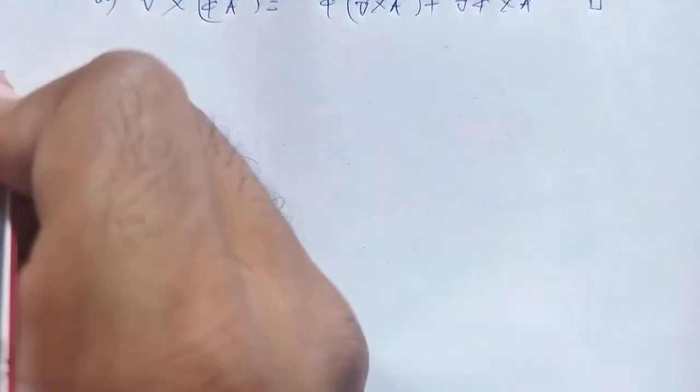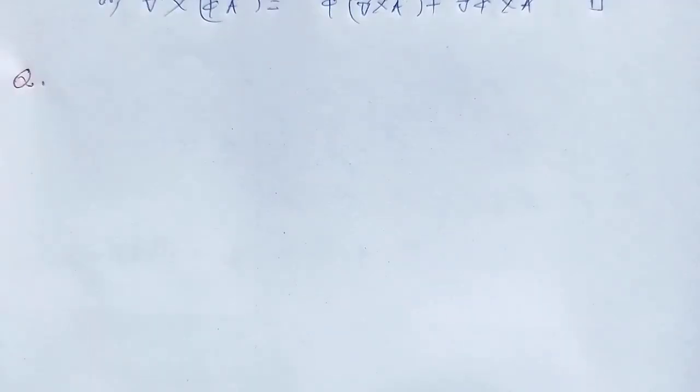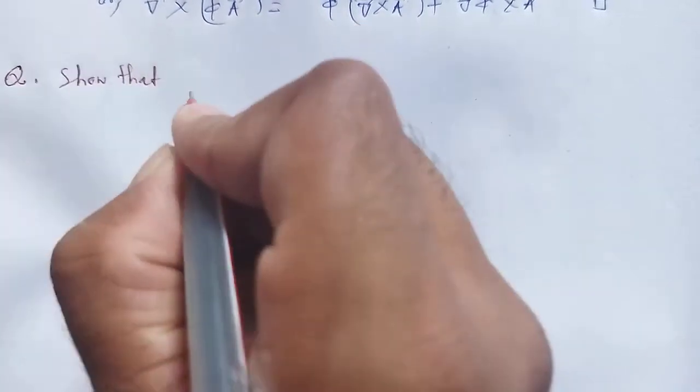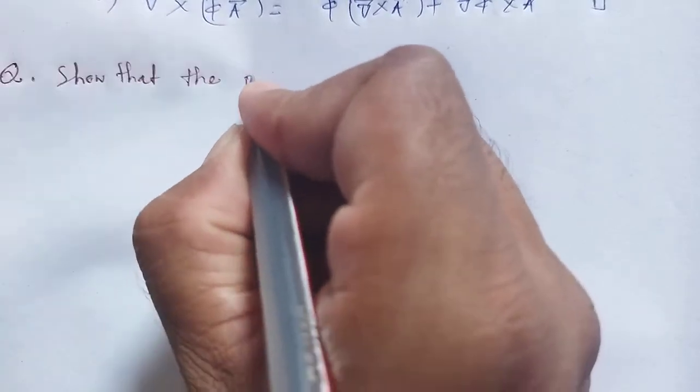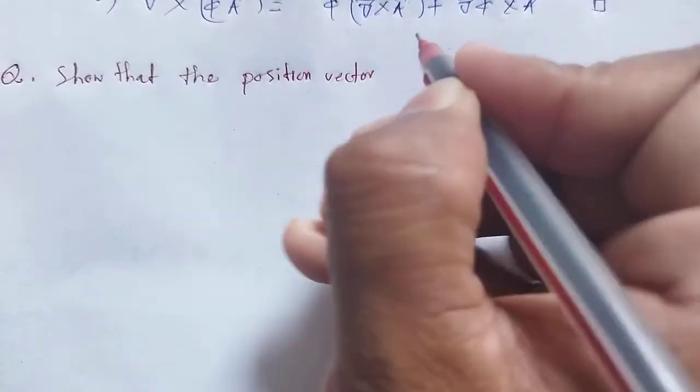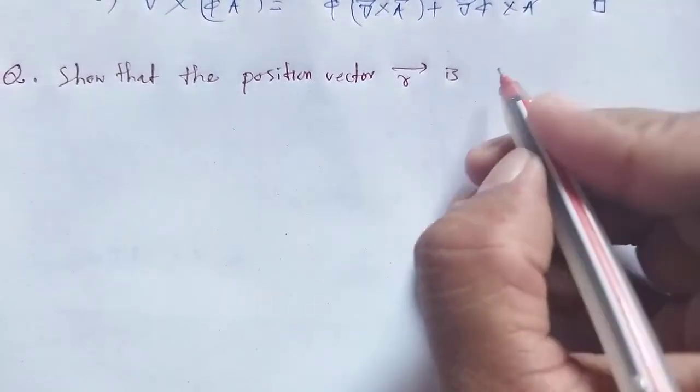Now we have to solve some problems regarding curl or using the curl identity. Question number 1: show that the position vector r vector is irrotational.